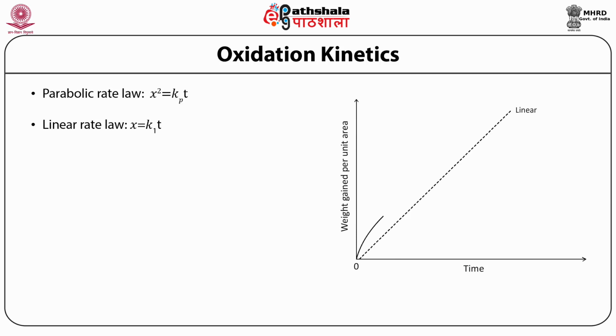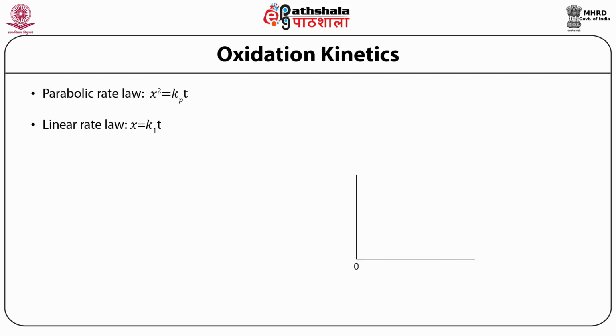Linear oxidation kinetics, a continuous increase in oxide thickness with time, is indicative of the non-protective nature of the oxide formed. The non-protectiveness of scales can be due to several different reasons.